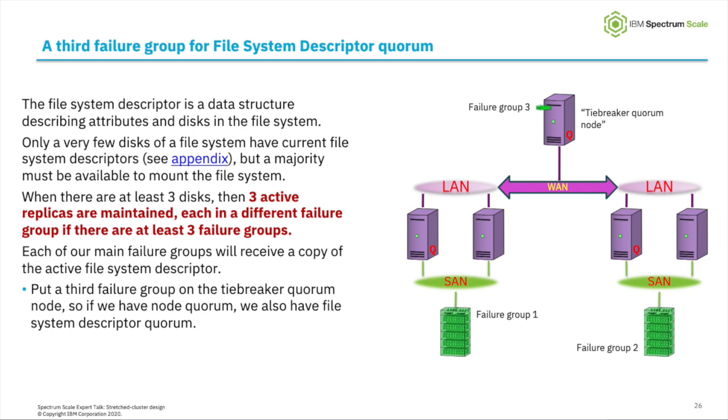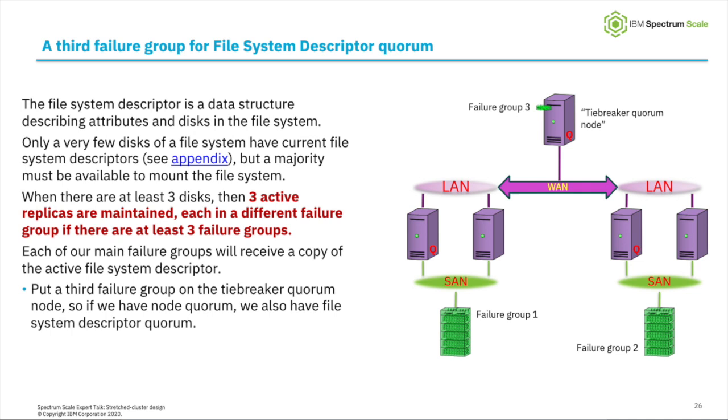Now, in the stretch cluster, each of failure groups 1 and 2 will receive an active file system descriptor somewhere. You don't have any further fine-grained control over which disk will receive it, but really it shouldn't matter, right? We want to make sure that if we have node quorum in one side or the other of the cluster, we're also going to have, in that same part, file system descriptor quorum.